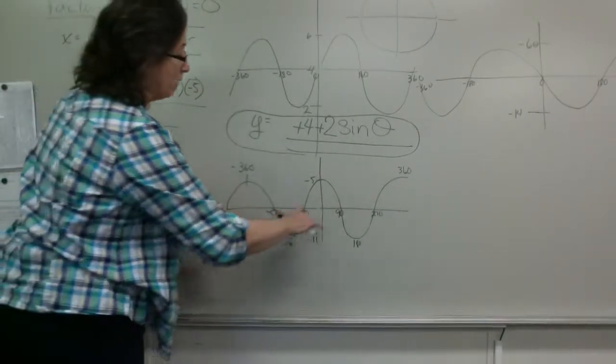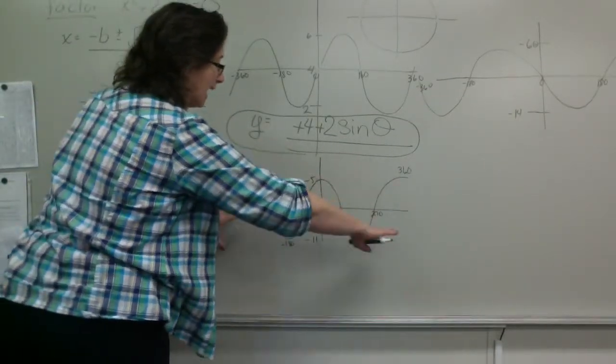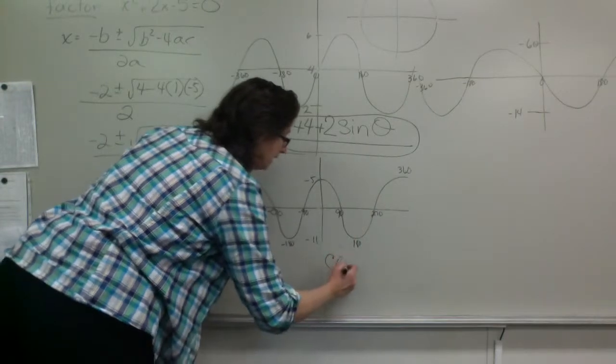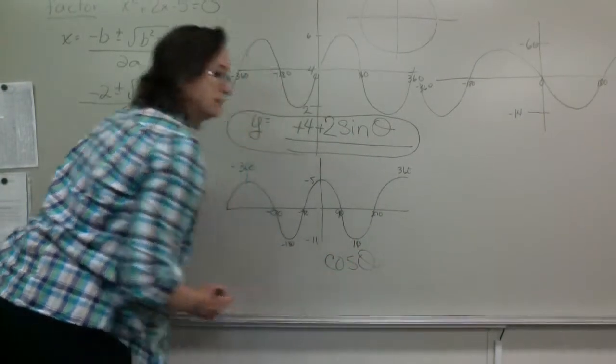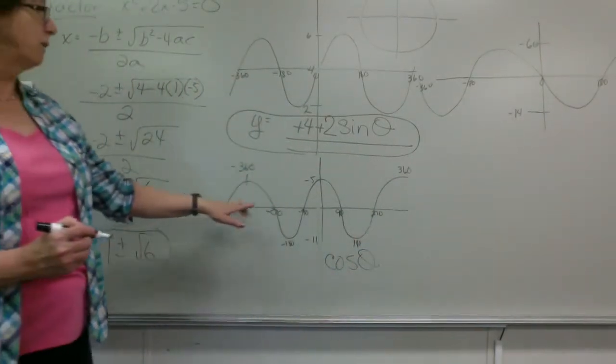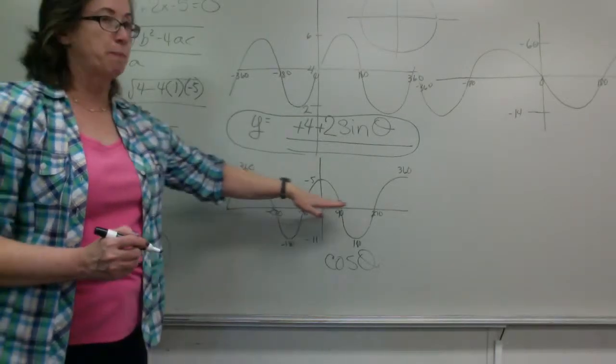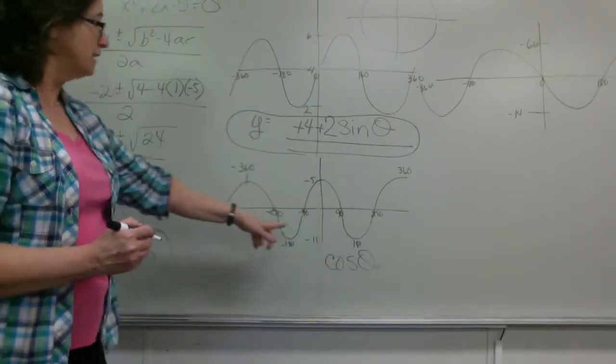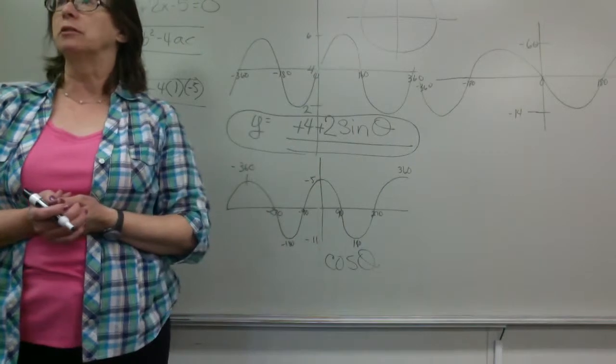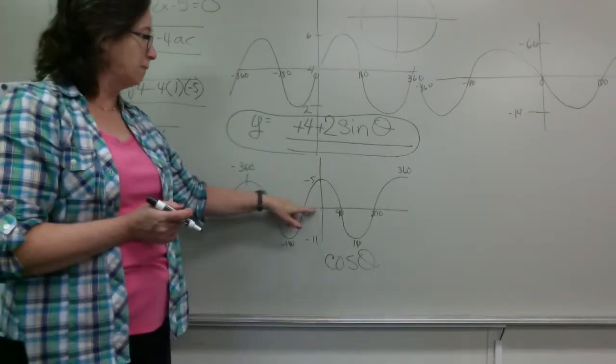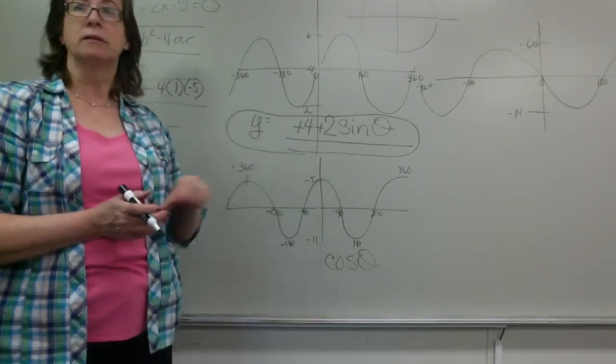Okay, so now since we've decided that this is a cosine of theta, what can we do? We need to find the baseline. Now in this one, the baseline's not labeled. Would the baseline be halfway in between though? Yes.